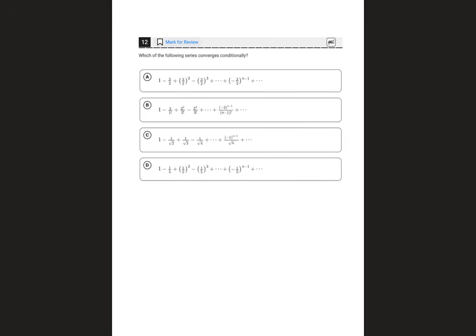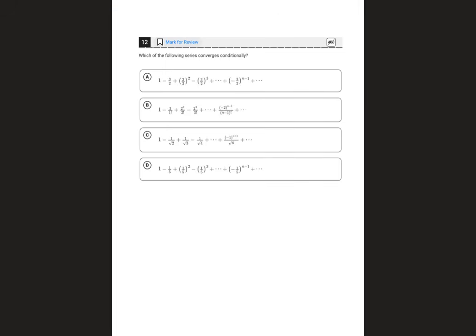When n is 100 or a million or something, then that 2 to the n won't grow as fast as n factorial. So this will definitely at least converge conditionally by the alternating series test.